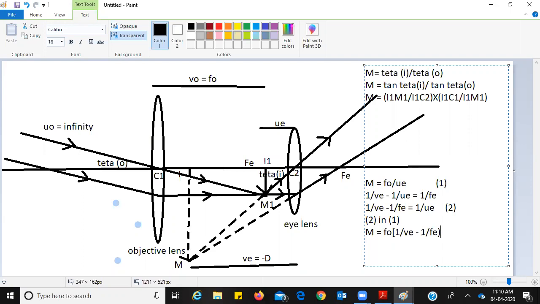Then multiply FE, divide FE, so 1 by FE divided by 1 by VE. FO by FE, and FE will come out: FE by VE minus 1.